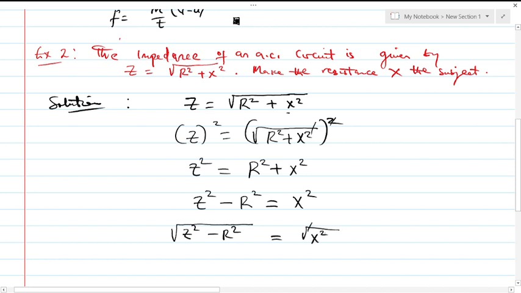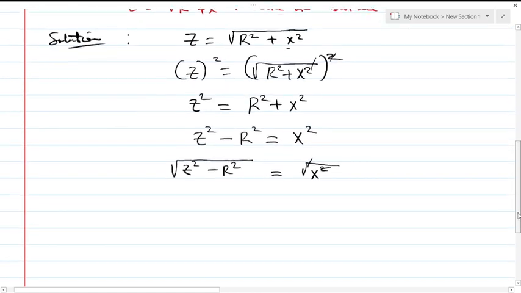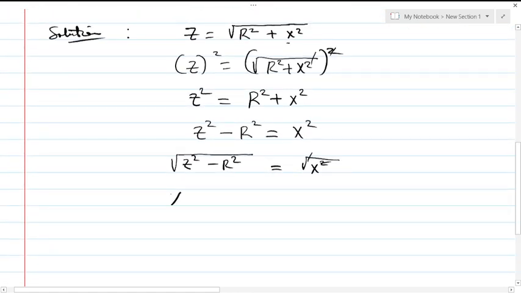So this square root cancels this square. What we have left will be X equals square root of Z square minus R square, which is the reactance X.